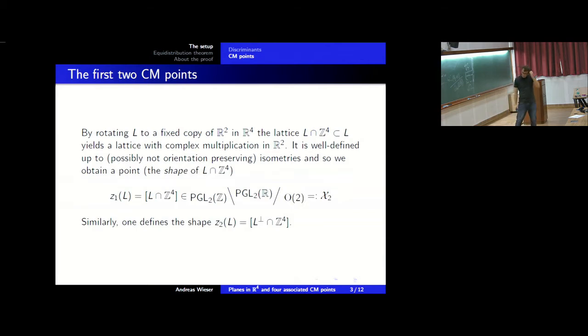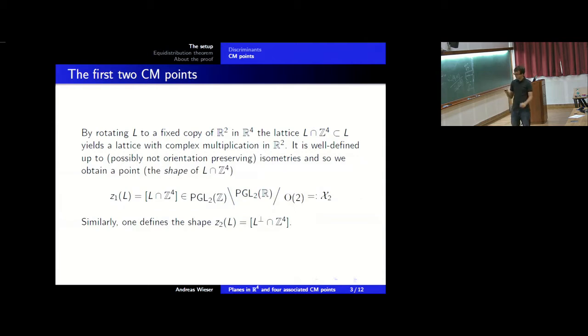Now the problem is in some sense symmetric. If you have the subspace L, then its orthogonal complement is of course also a two-dimensional rational subspace, and actually of the same discriminant. We can define in the exact same fashion the shape, or CM point, attached to the orthogonal complement.